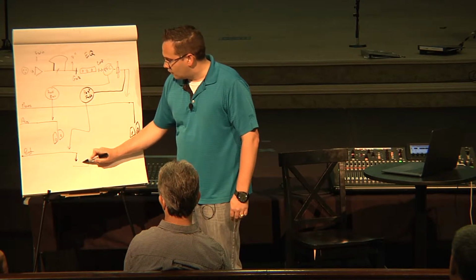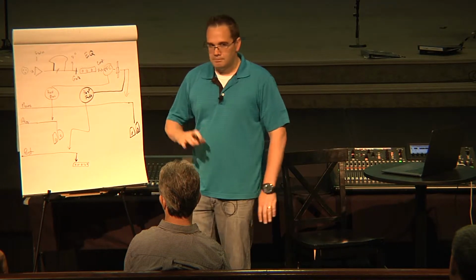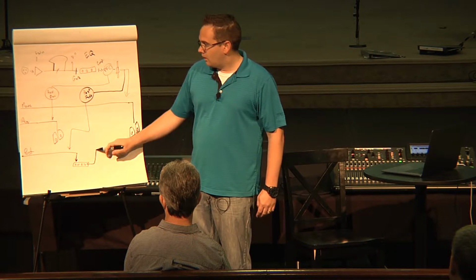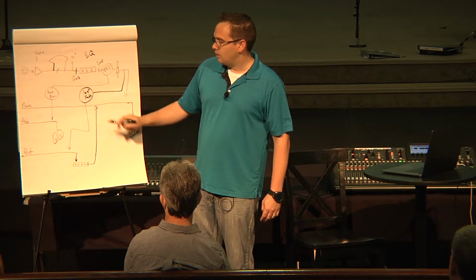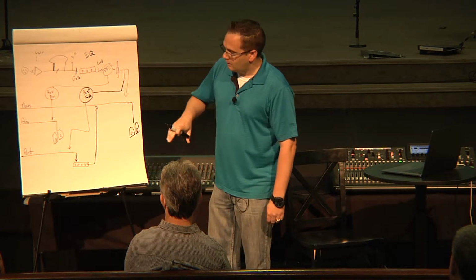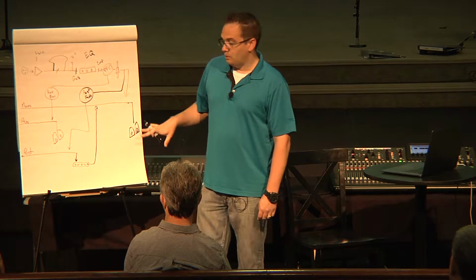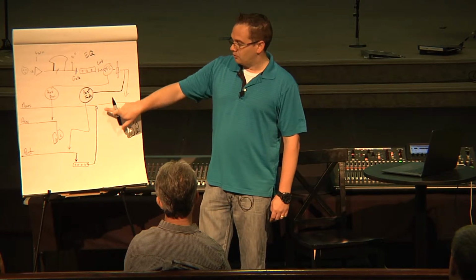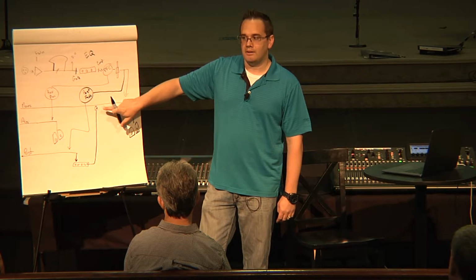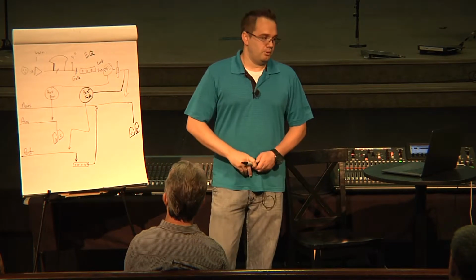I believe they draw it with a bunch of zeros in here or something like that. I'm not sure exactly. But it goes through here, and then from here, it comes out and back to your mains. So typically, on a digital board, this is all internal. You can use an external processor, but there's always an effects return in on most boards that allow you to do this. That is basically what signal flow is.